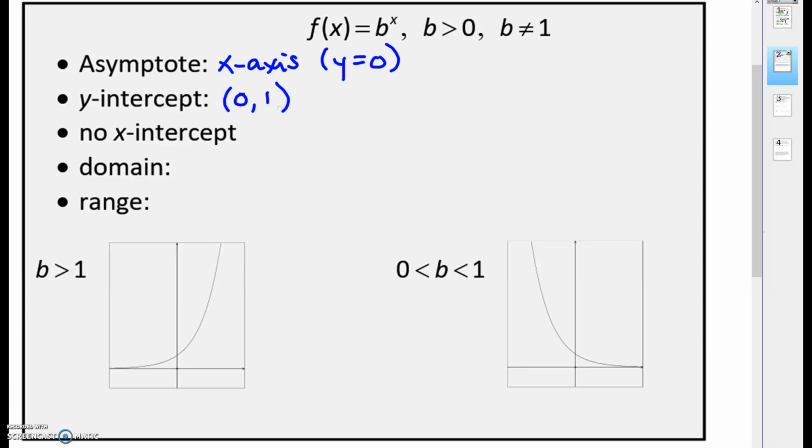There is no x-intercept because we never cross the x-axis. And my domain, I can plug in any value of x I want, so my domain is all real numbers, or -infinity is less than x is less than infinity. That's the same way to write that. Whereas my range, my y value has to always be greater than 0.